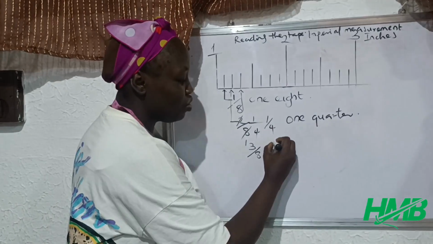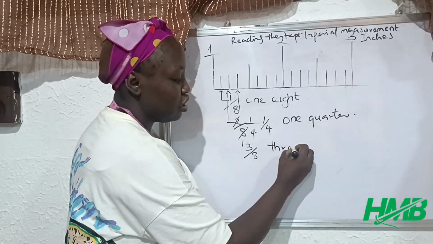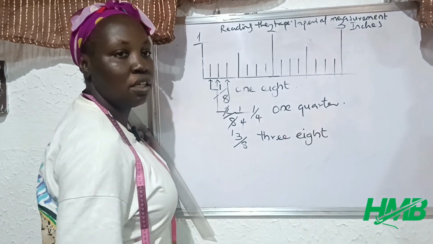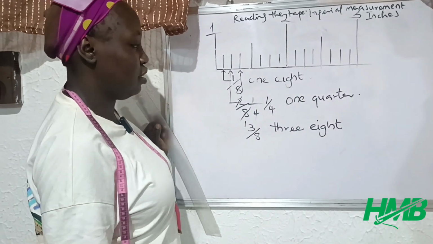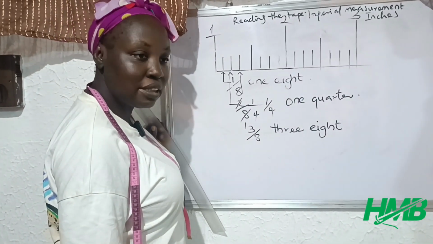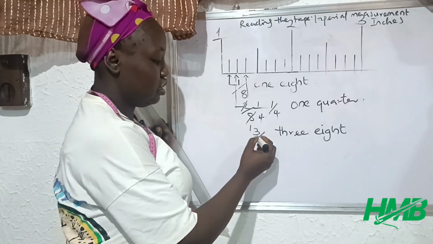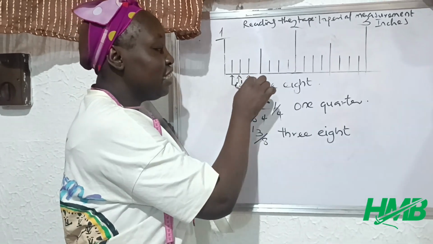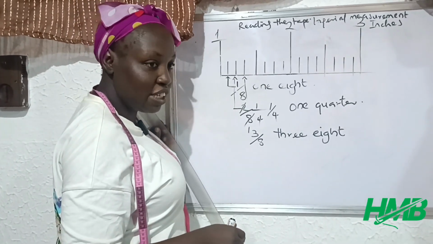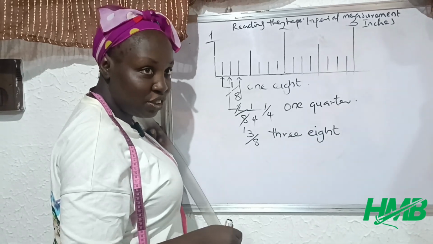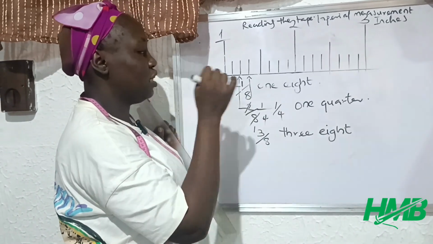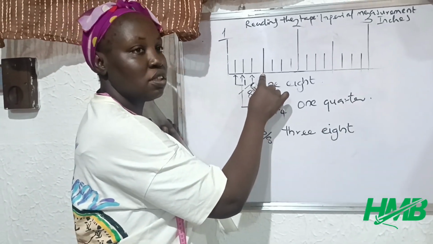So we refer to it as what? 3/8. Because I know most of the time you people may say 3/4. That's not 3/4. Do you understand? It's 3 over 8.